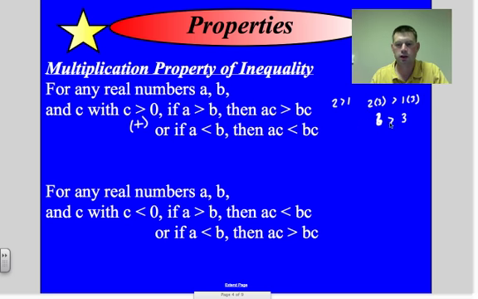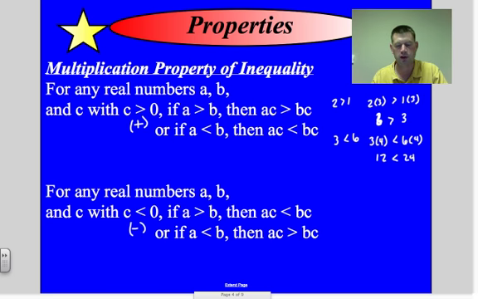And then the other side of it would be, if we were to say 3 is less than 6, and we multiply by a positive 4 to both sides, that would still hold true. So this one would be 12 is less than 24. That's true as well.